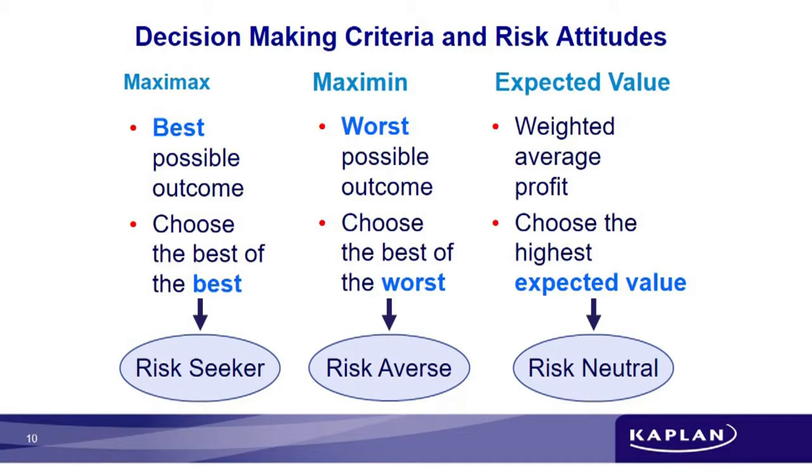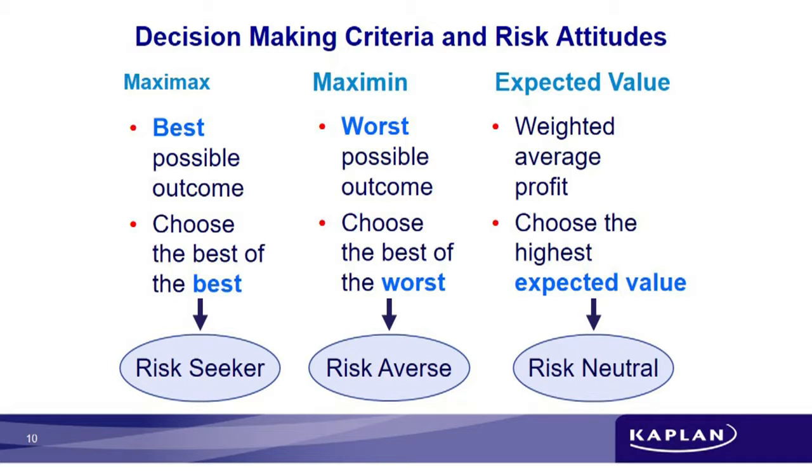The last person or the last attitude that we need to consider then, it's an attitude of somebody who will actually say, I understand that they are the best outcomes and they are the worst outcomes that are possible, but I'm going to take the weighted average of all the possible outcomes.